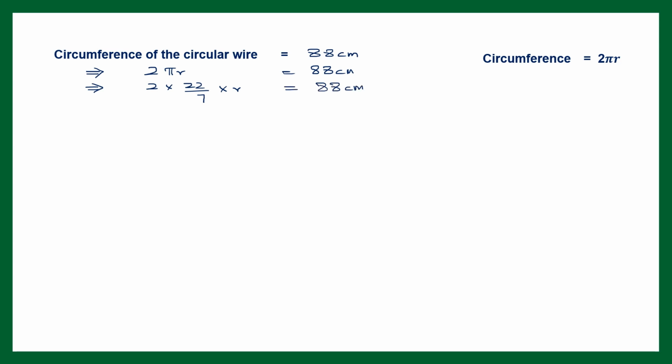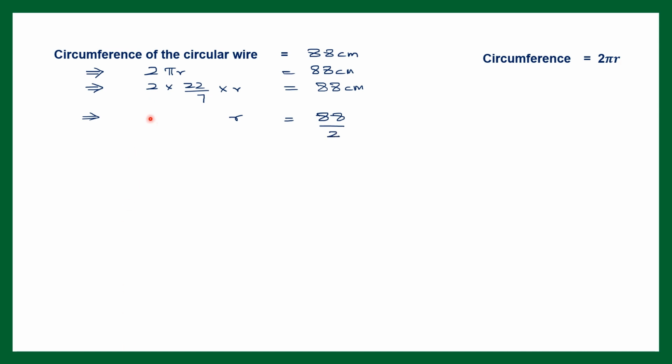Now we need to only know the value of r, the radius, so we leave only r here. On the right hand side, we already have 88 centimeters. We'll leave it as it is. Now I'm going to move this 2 into 22 by 7 to the other side. First, let's move 2 to the other side. Here it's multiplication. So when it goes to the other side, it's going to become division. So divided by 2.